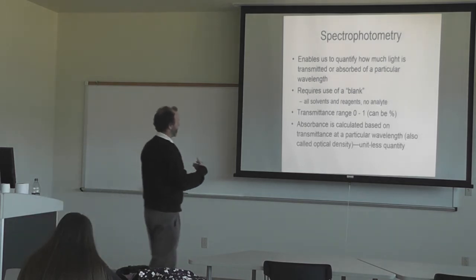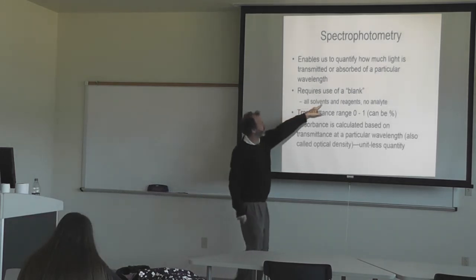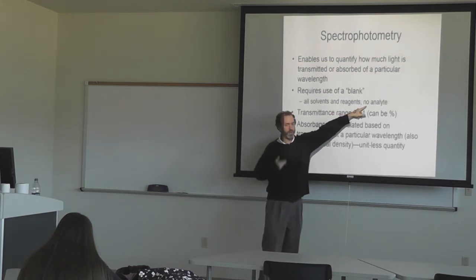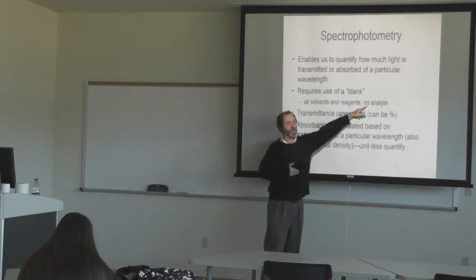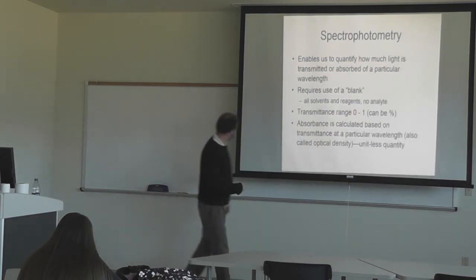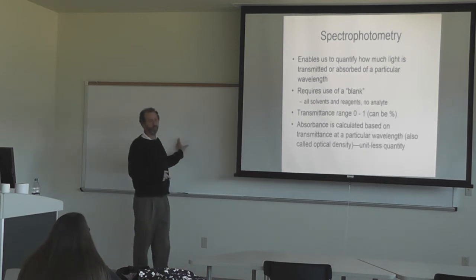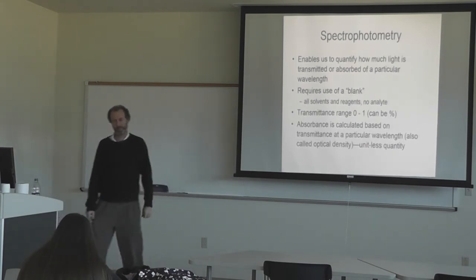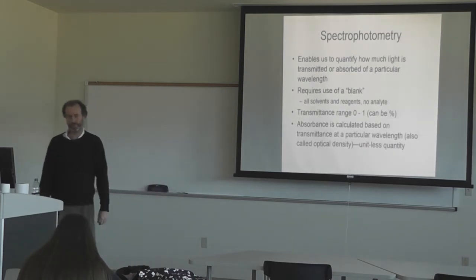So when you use a blank, you want to make sure all the solvents and reagents are included, but no analyte. So any absorption by the solvent and reagents won't be included in your analytical sample. If you subtract that absorbance from the absorbance of the sample with the analyte, you can measure what absorbance is attributable to that analyte, right? Does that make sense?